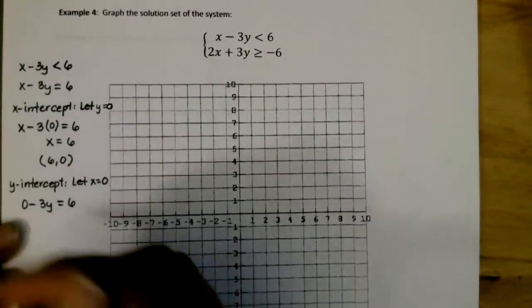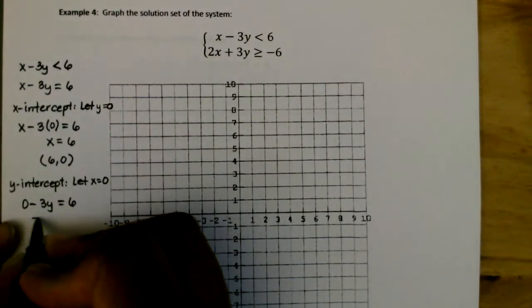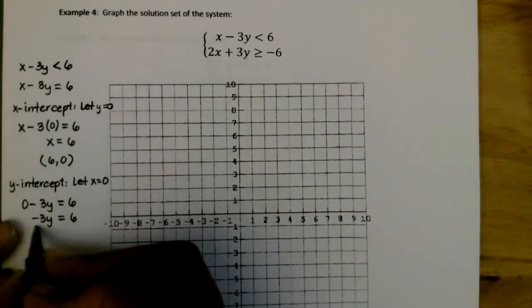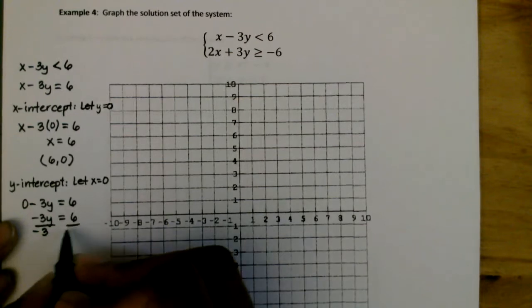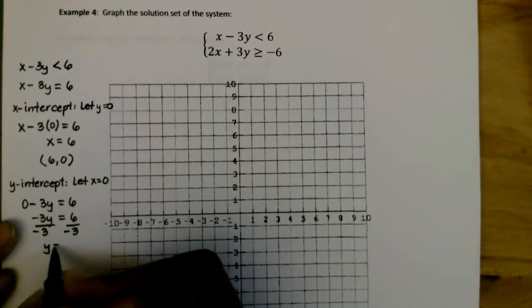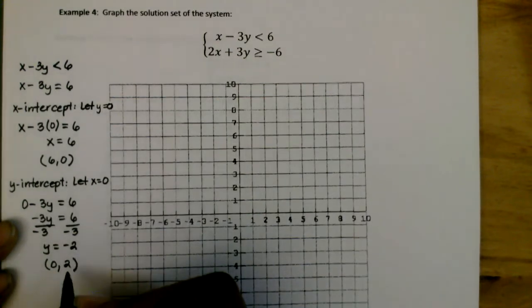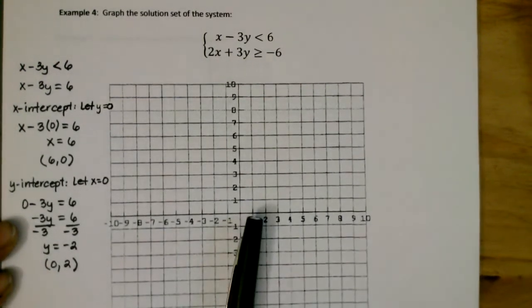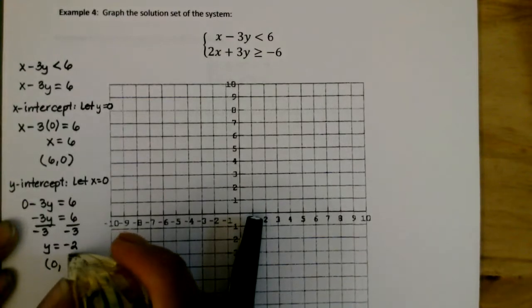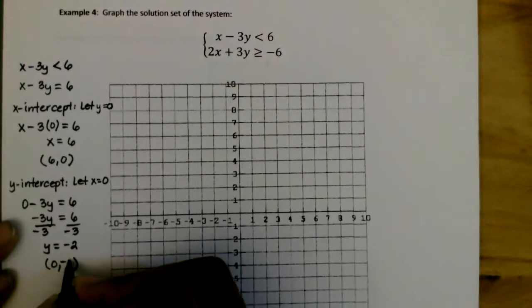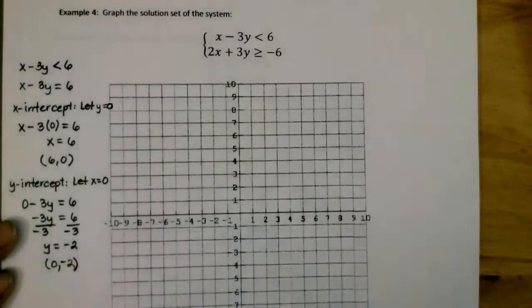Substituting x with 0, 0 minus 3y is negative 3y, that's equal to 6. If I divide both sides by negative 3, I'll get y equals negative 2. So (0, -2) is my y-intercept.